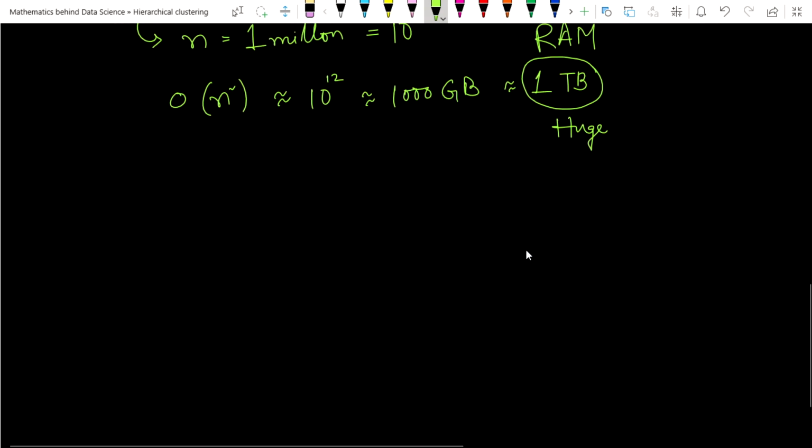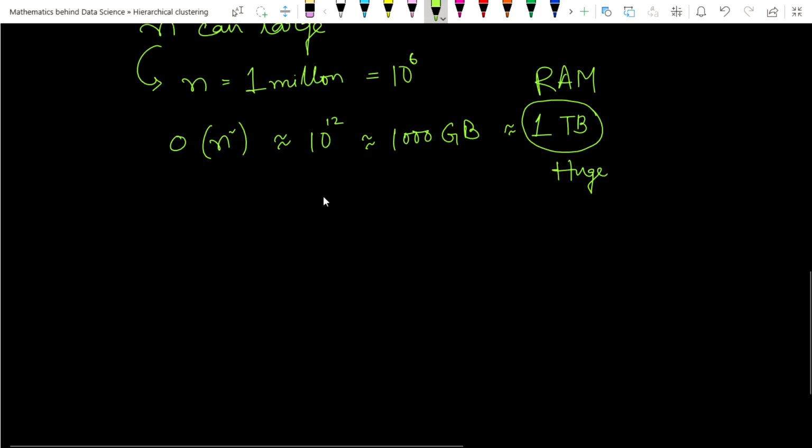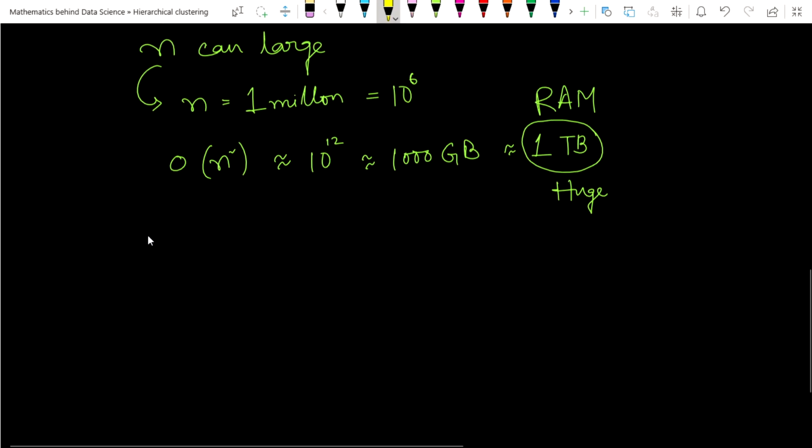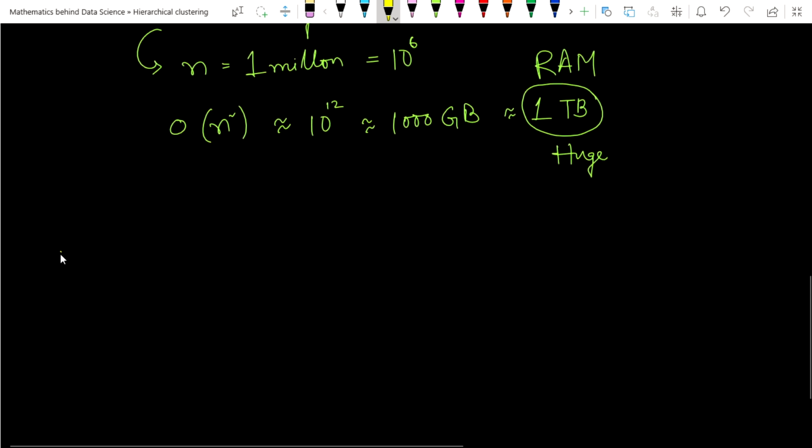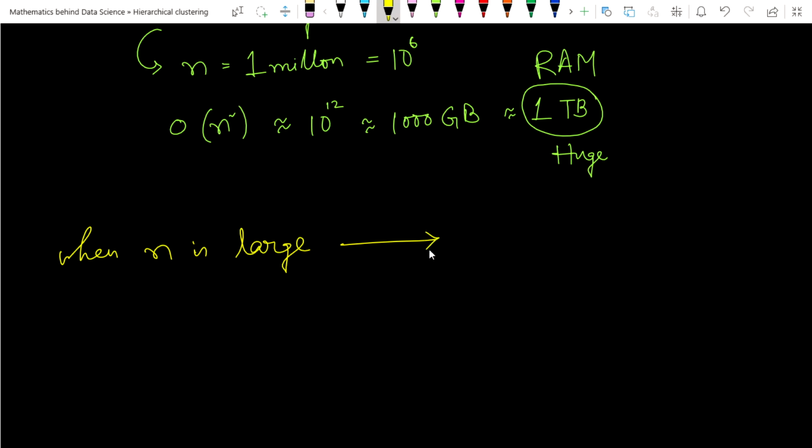Because of this, when n is very large, this is not a suitable algorithm.